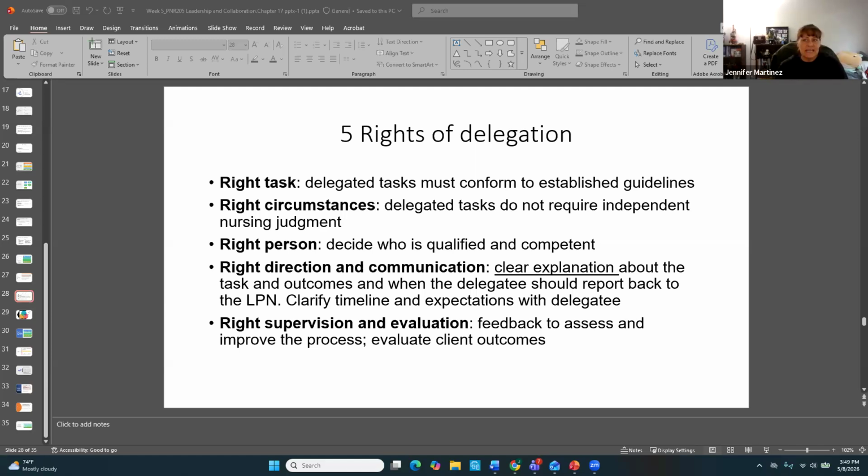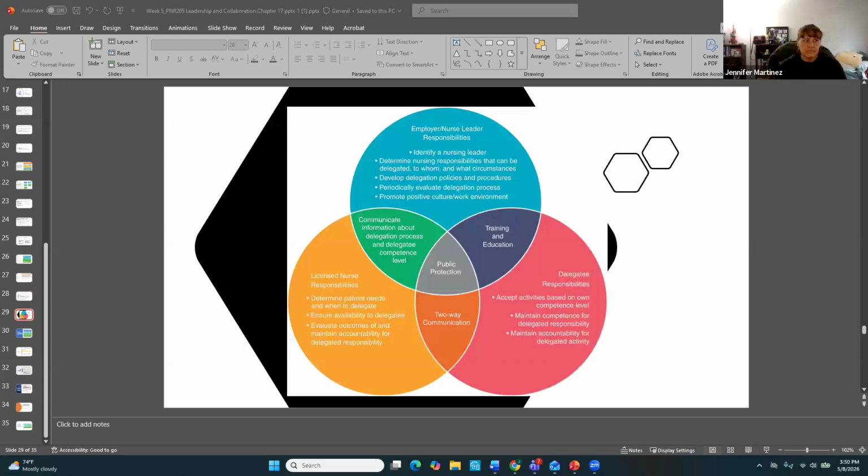If you don't supervise them adequately and appropriately, and that resident gets harmed or injured, it could result in either a civil case or even disciplinary action against your license. So when you are delegating, you want to make sure that you are following these 5 rights.